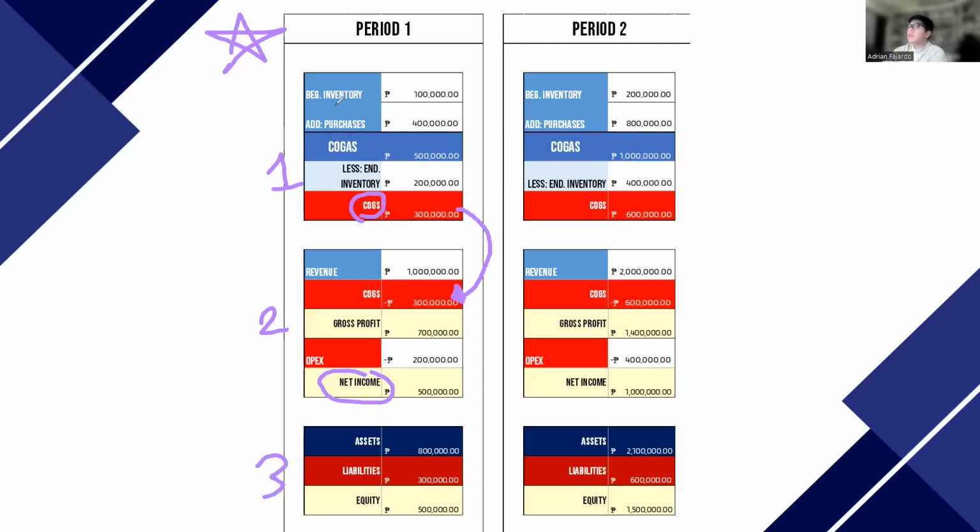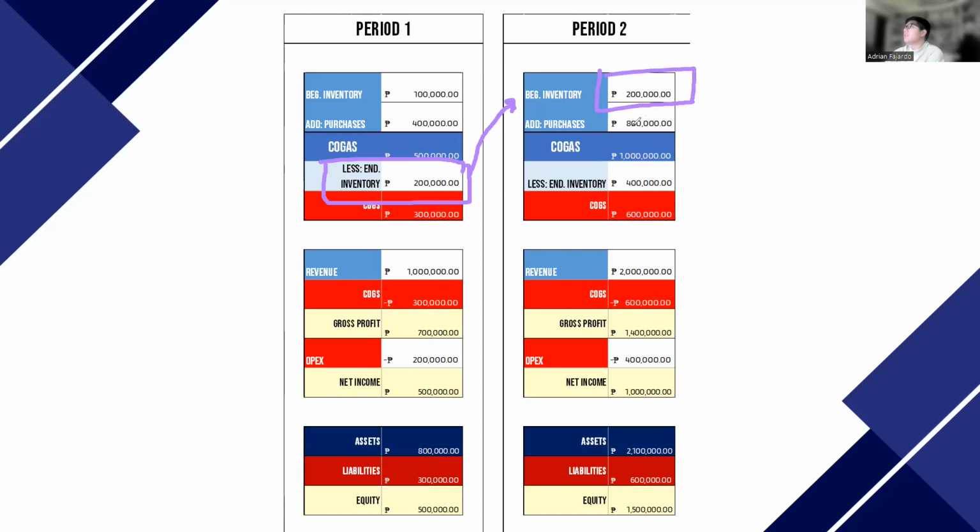Now, this is just period 1. So how about period 2? Since the end of period 1 is the beginning of period 2, this less ending inventory of 200,000 will become your beginning inventory.